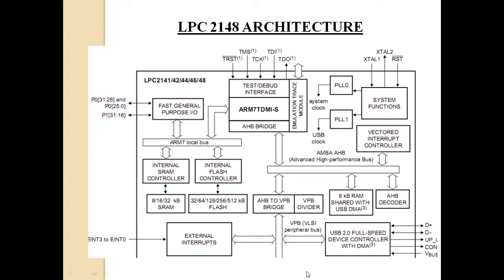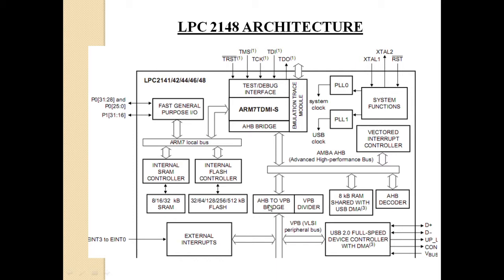So how will you take data from a low speed peripheral to the ARM processor? How will you handle the speed synchronization? For that, you use this block known as the AHB to VPB bridge. What does it do? It converts the data sent from the low speed devices connected to the VPB into a format that is acceptable by the AHB.